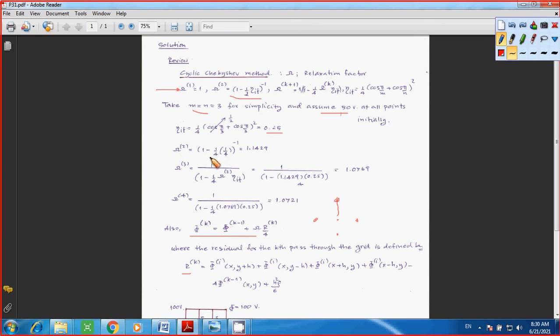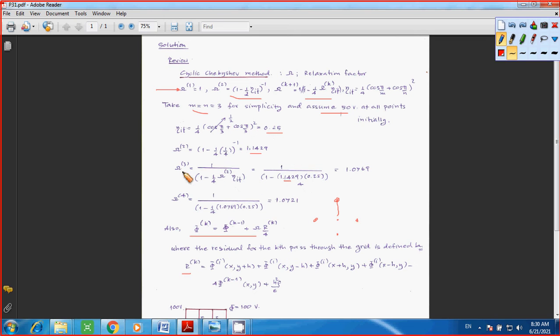So you have 1 minus 1 over 4 multiplied by omega, which is 1.1429, multiplied by eta it, which is 0.25, and divided by 4.